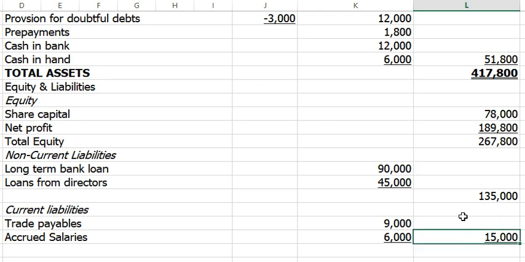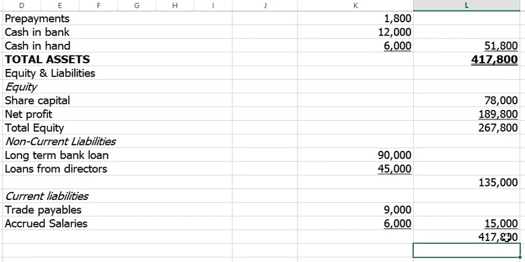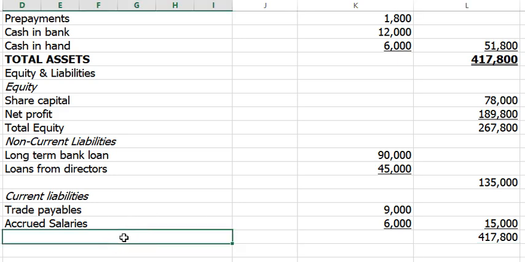So what we have to do now is to add our total equity plus the total non-current liabilities plus the current liabilities. We get 17,800, and that is our total equity and liabilities.